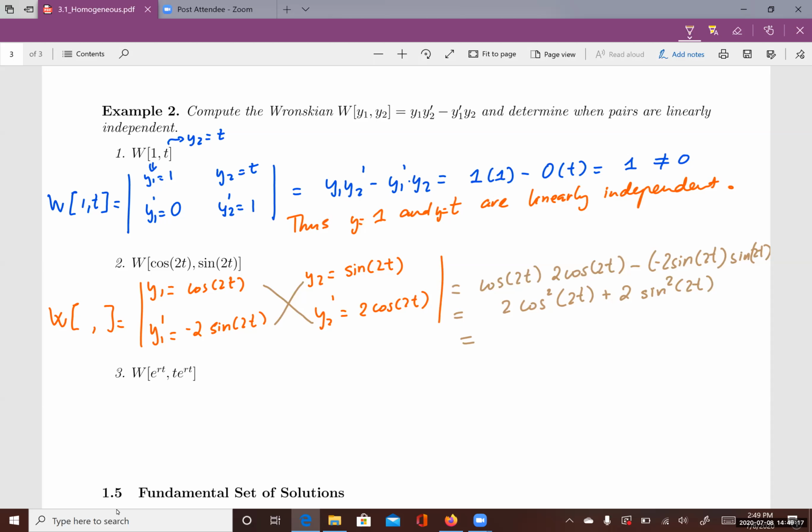So there will be 2 times cosine squared 2t plus sine squared of 2t, which gives 2 times 1, which is 2, and it's different than 0. So 2 is not 0. The conclusion is, yes, these two functions are linearly independent.